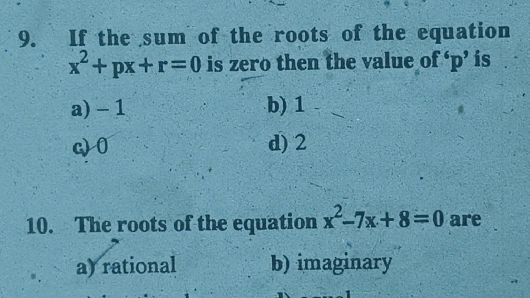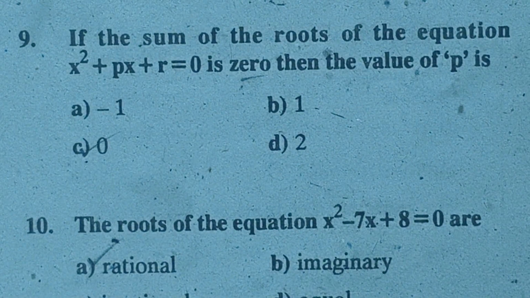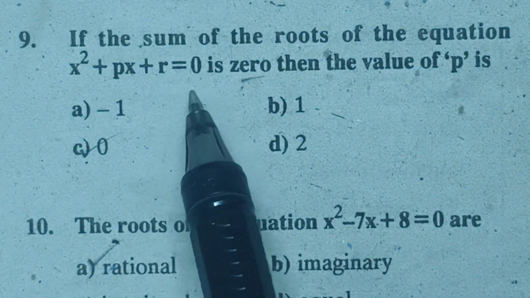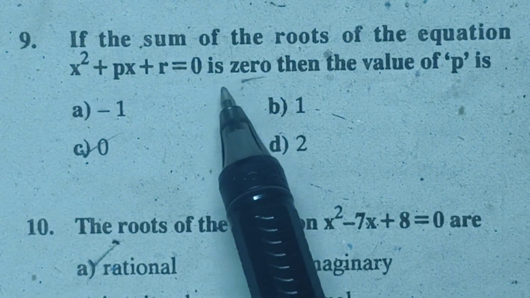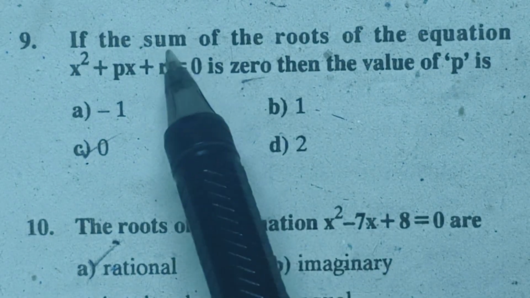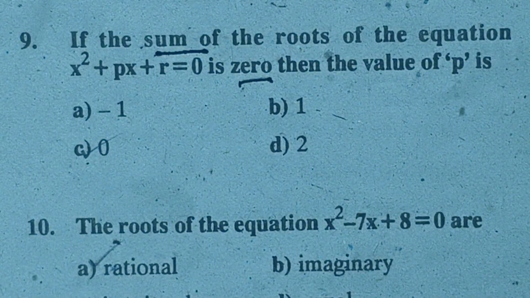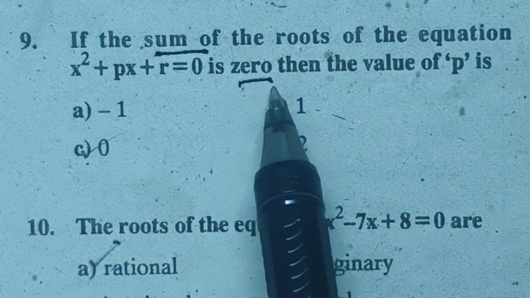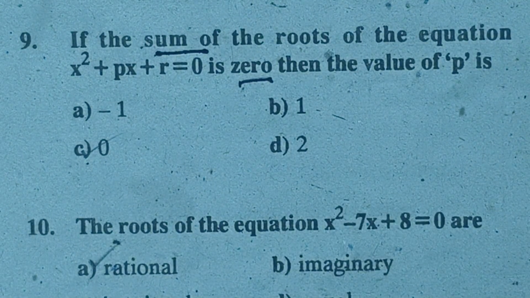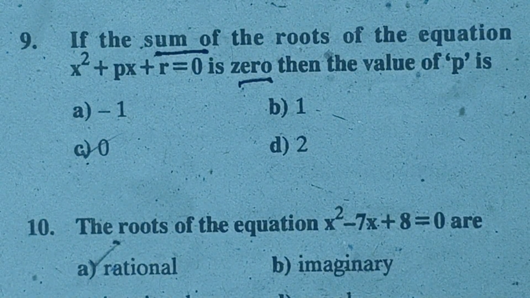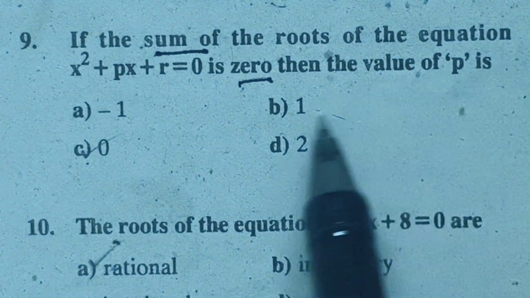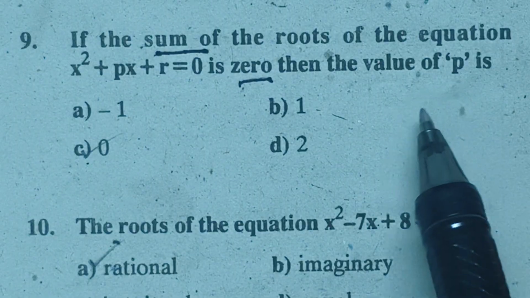If the sum of the roots of the equation x squared plus px plus r is equal to 0 is 0. The sum of the roots of this equation is 0. Sum of the roots means minus b by a. Then the value of p, we can easily find out.